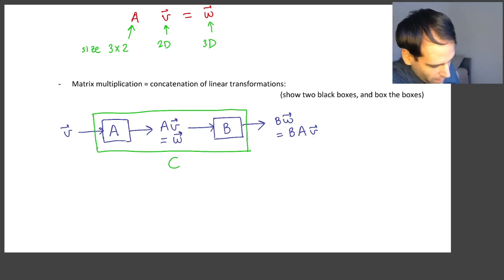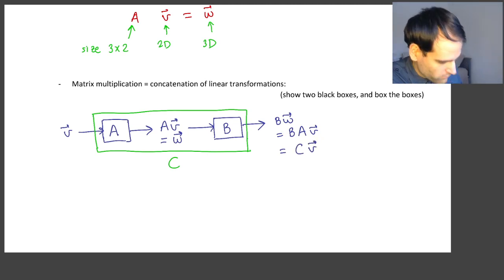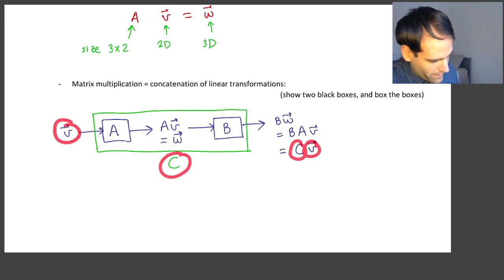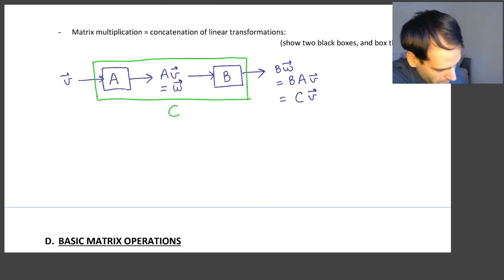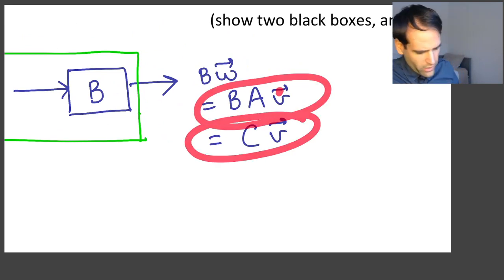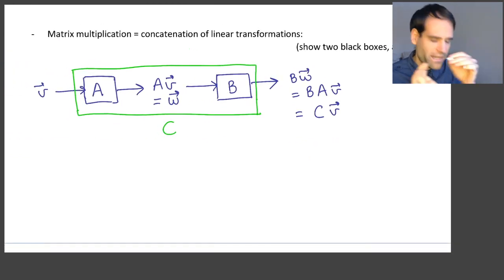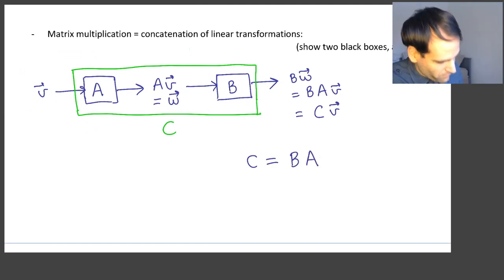We can write this output vector as C multiplied times v, because this is basically now like a matrix multiplying a vector, which is the input. Therefore, comparing this with this, you can conclude that this matrix C that represents the concatenation of the two linear operations is given by the product of matrix B times matrix A.